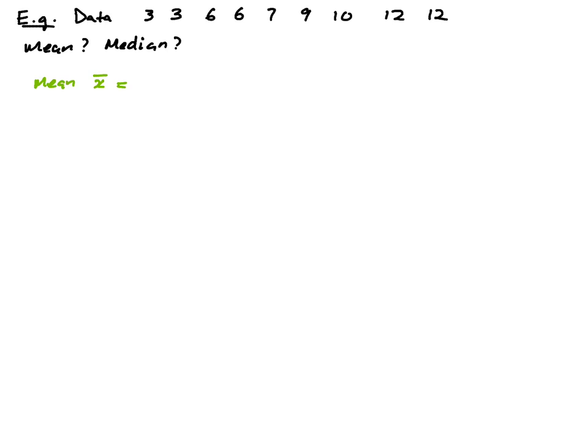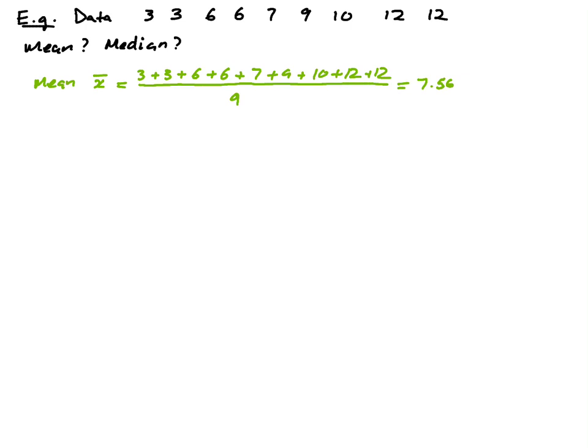In other words, you want to take 3 plus 3 plus 6 plus 6 plus 7 plus 9 plus 10 plus 12 plus 12, divided by, here we have a total of 9 observations, so you divide it by 9, and that gives you a mean of 7.56. Okay, so that's straightforward.